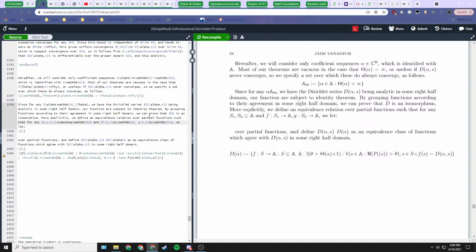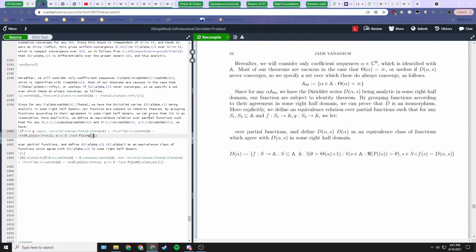Theta greater than theta alpha. Nope. Theta in real such that.